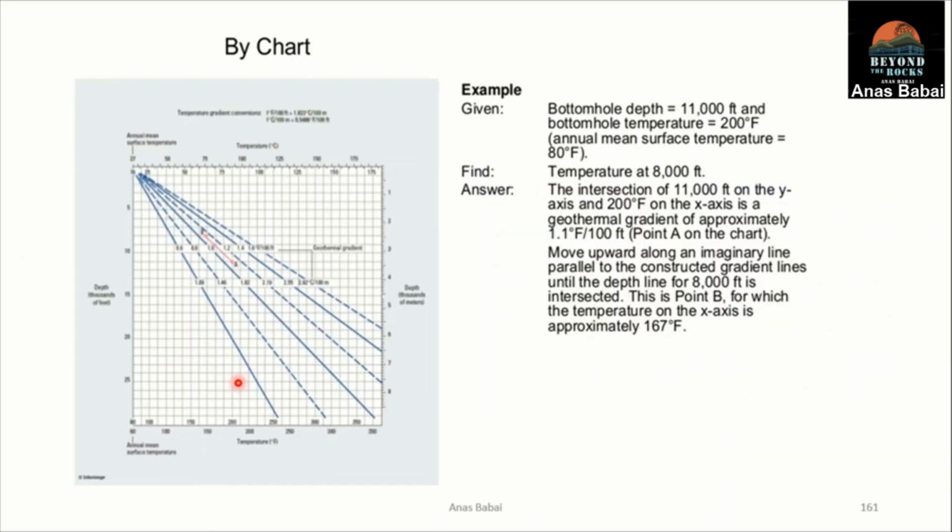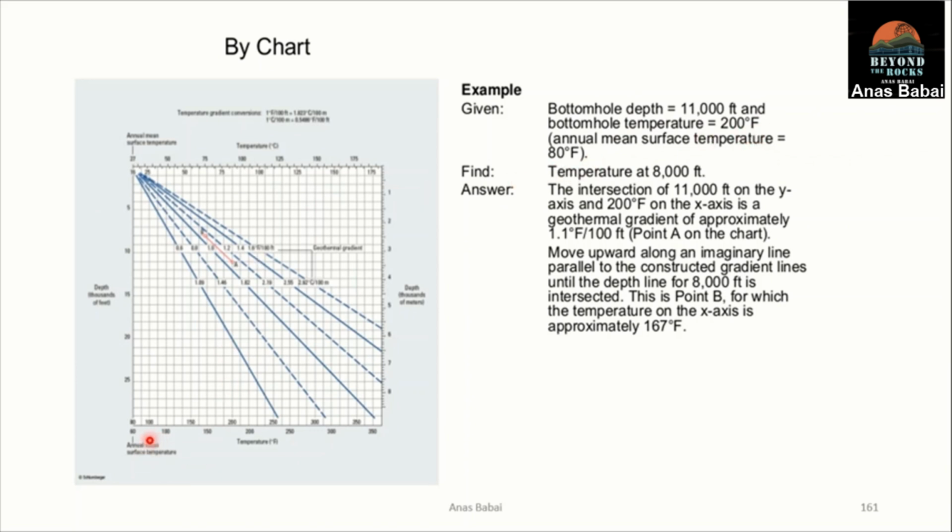There are other methods that can be used to calculate the resistivity and to find the temperature at any depth. For example, using this chart, we have the bottom hole depth, which is 11,000 feet, and the bottom hole temperature, which is 200° Fahrenheit.